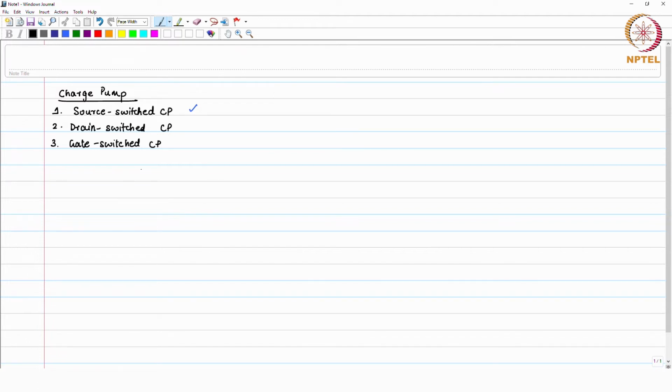So, in the source switch charge pump, let us go in a little bit detail. We have our switch like this, and then we have a current source with NMOS and PMOS current source, and we bias our current source and other things in such a way that it carries the desired amount of current.